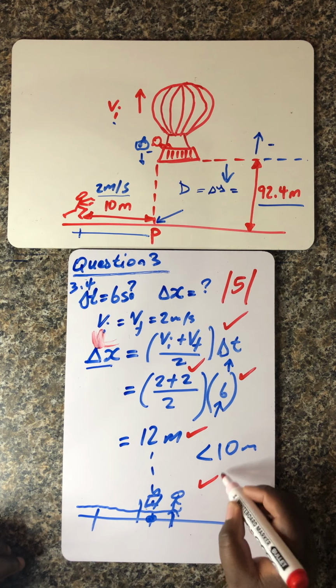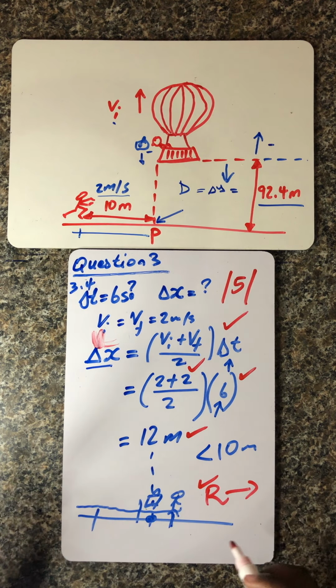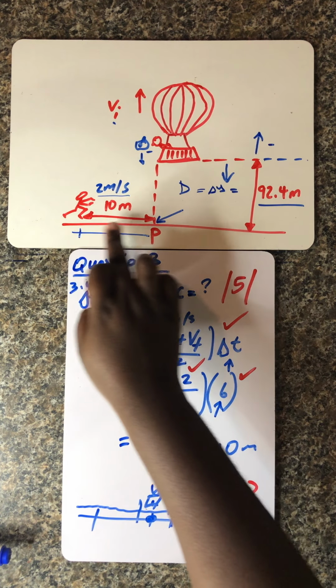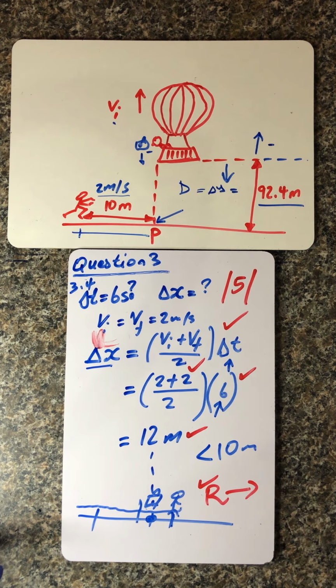And your last mark comes from you giving the correct reason, to say yes, he will be able to catch the camera because the distance covered within 6 seconds is greater than that 10 meters. Okay, so that's one other possible way in which you can answer these questions if you decided to approach it this way.